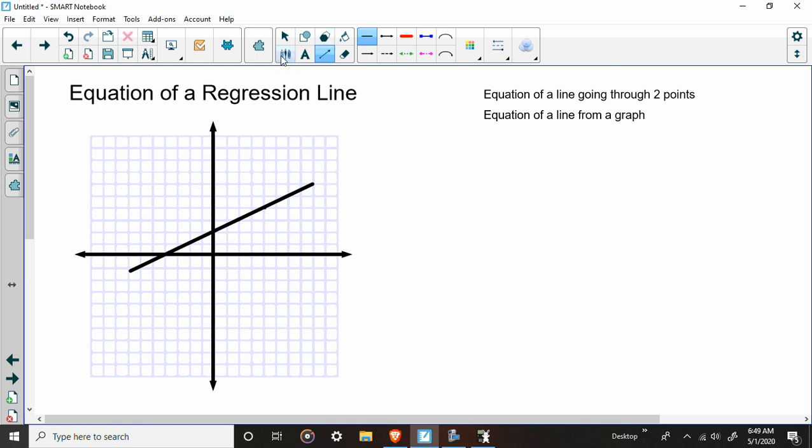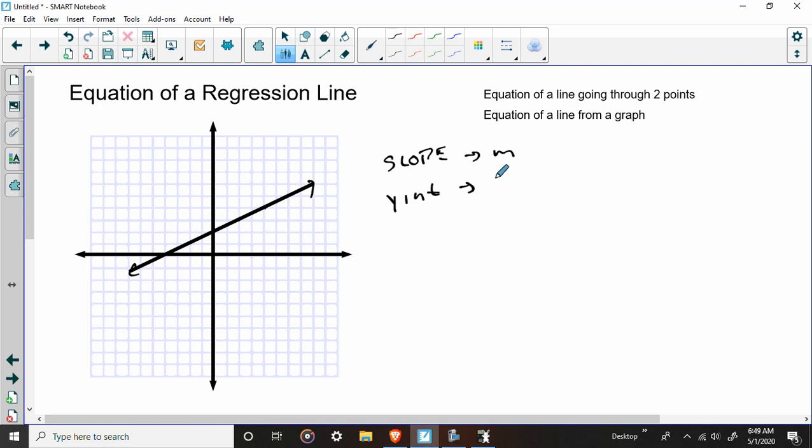And I said, hey, what is the equation of that line? Now, you guys should be able to tell me that, but it's okay if you can't. Okay. We need 2 components. We need the slope, which is m, and we need the y-intercept, that we generally call b. And again, what do we need to do? We need to put it in y equals mx plus b form.